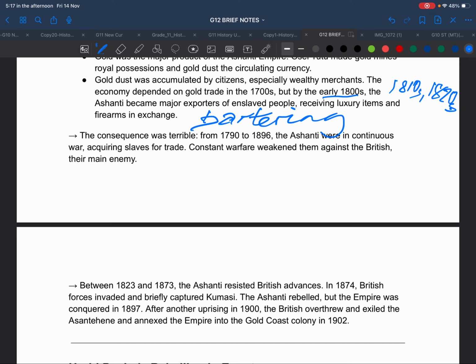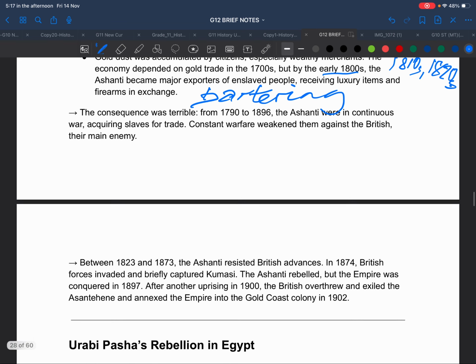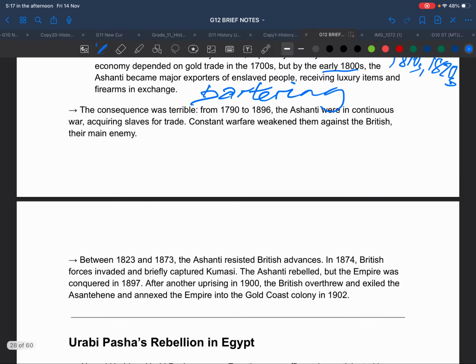So he gave the enslaved people, and in exchange he received luxury items and firearms, weapons. The consequence was terrible, very terrifying, problematic.